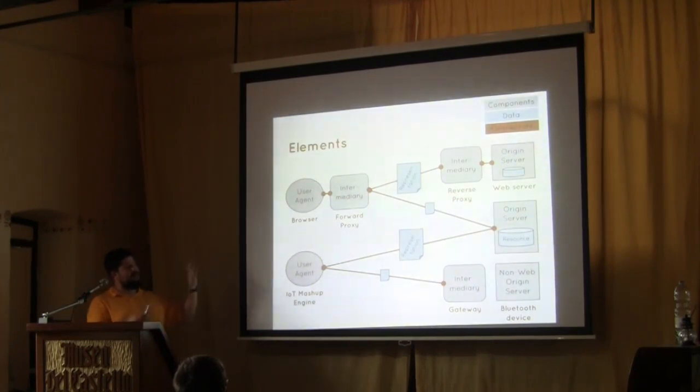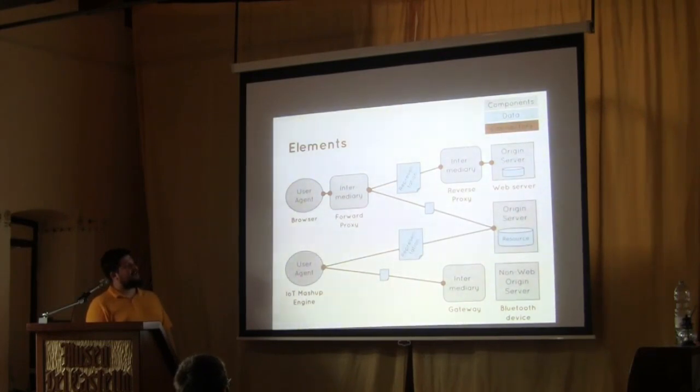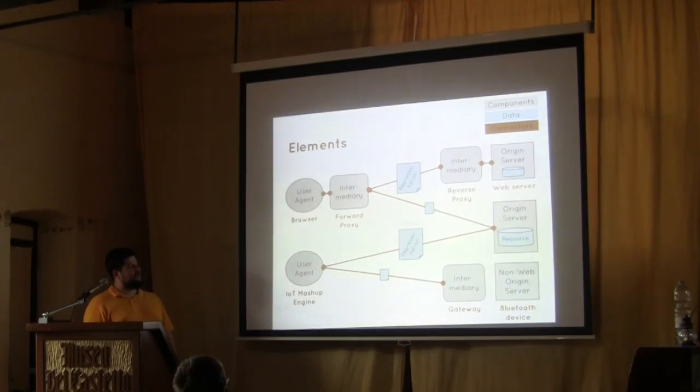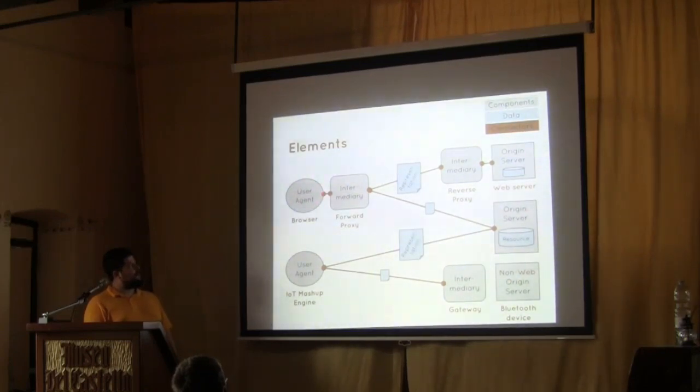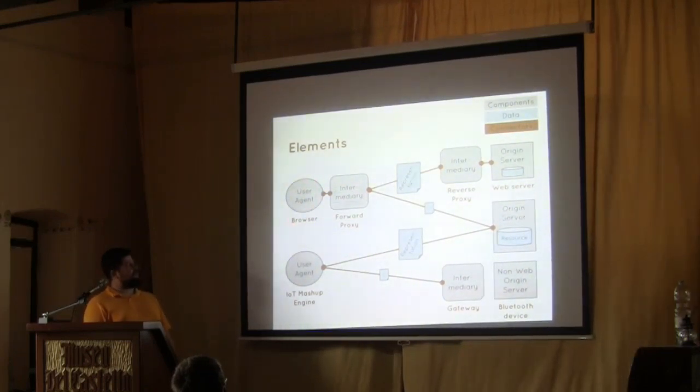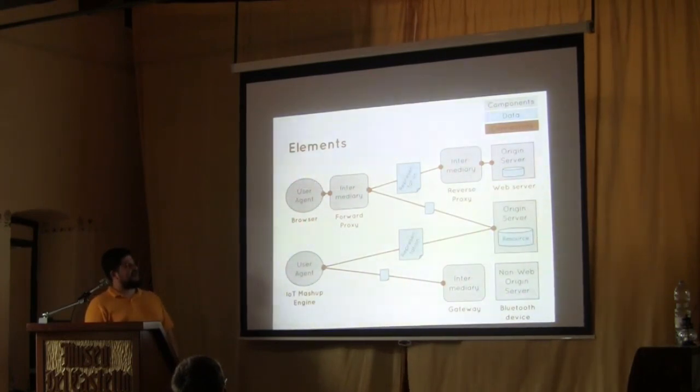So what does this mean? This is somewhat of an overview of what you have in the web. You have different elements: some components, and of course you have data that you have to send around and share, and then you connect these things with some kind of connectors. The things you know, like the user agent, that's your web browser, and something called an origin server.